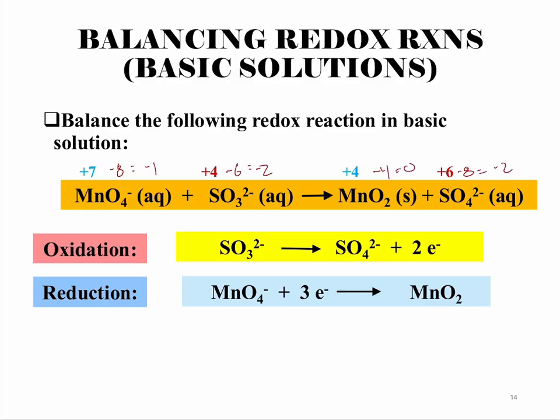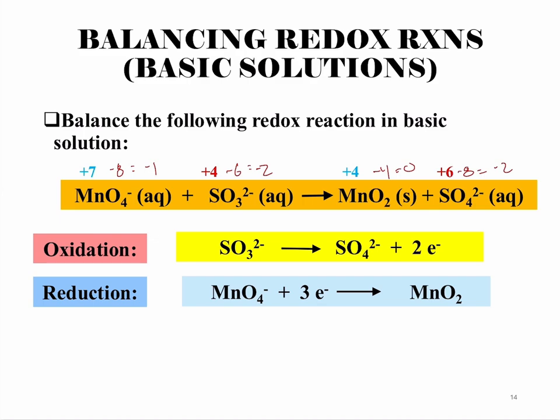And so now we can look at the different heteroatoms and see how they get oxidized or reduced, right? Sulfur goes from a charge of what to what? What's sulfur's charge on the reactant side? +4, and on the product side? +6, right?